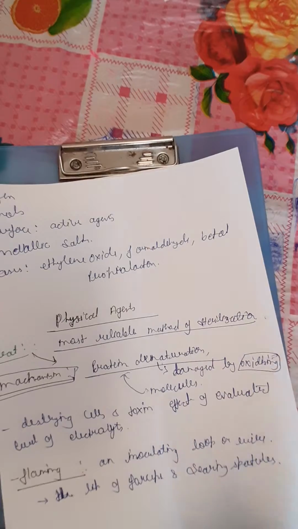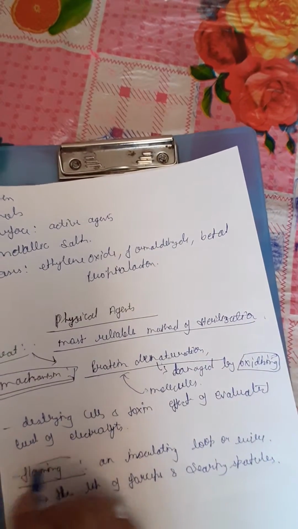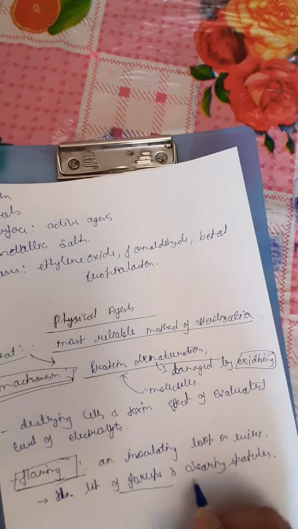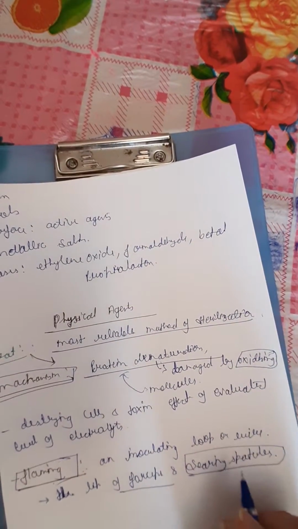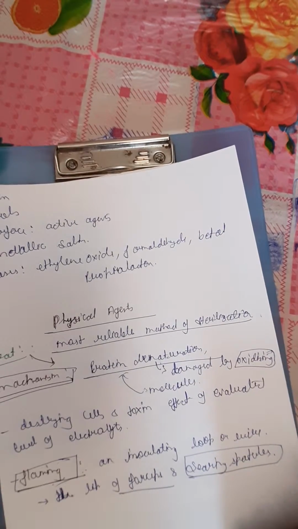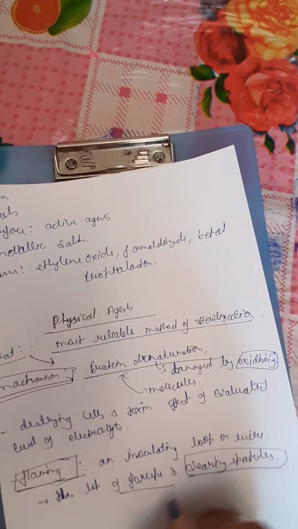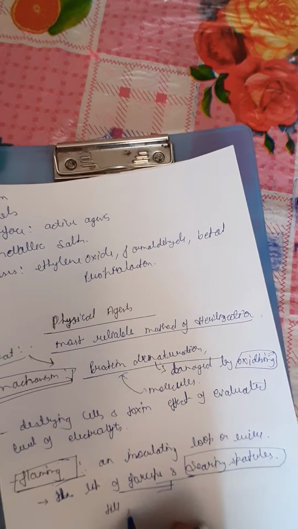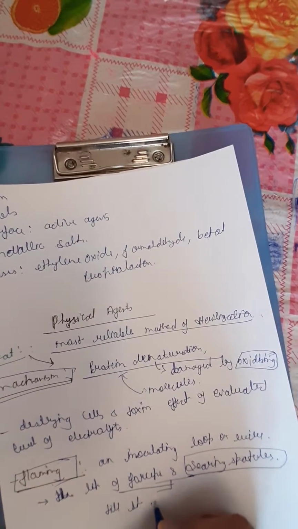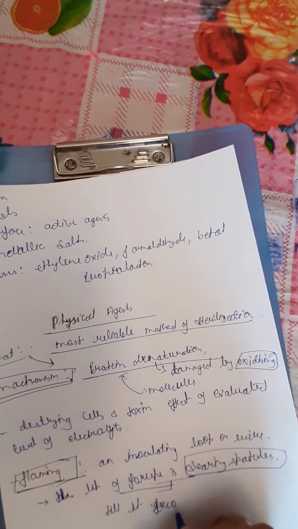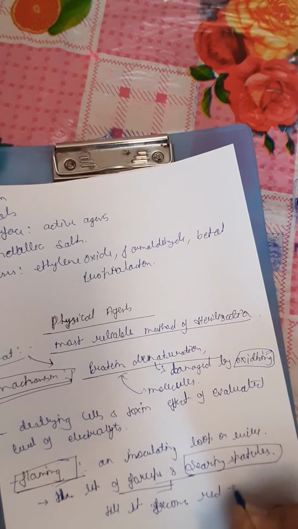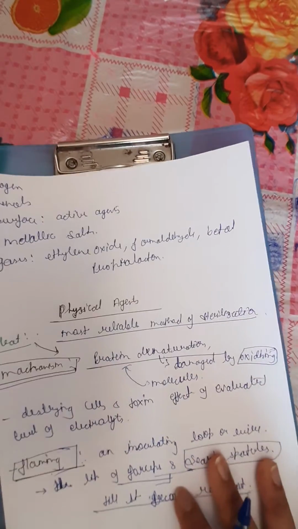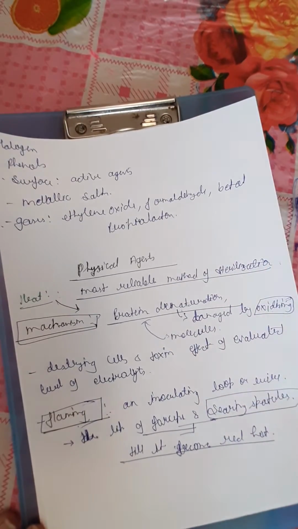We pour the flame on these forceps and searing spatulas till they become red hot. In this way we do sterilization with flaming.